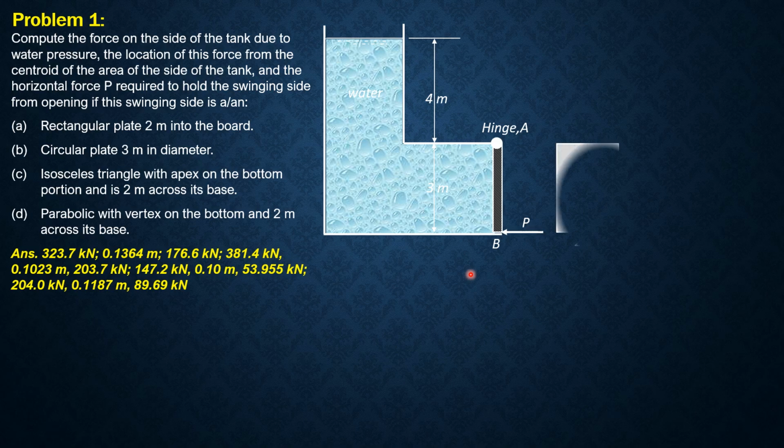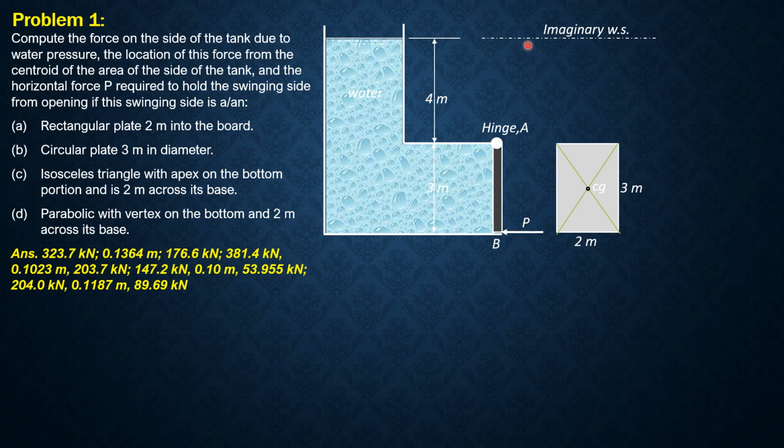So first, let's draw the figure, 2 meters by 3 meters rectangular gate or plate. Let's have this imaginary surface because anyway, h-bar is measured from the water surface vertically down to the centroid. So in general, this is the location of the centroid, CG.